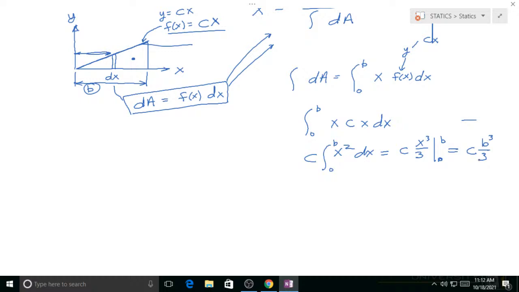Because 0 cubed divided by 3, and anything times 0 is 0. So your lower limit just goes to 0. Okay. But I know the answer. So this has to be the area, and I know the answer has to be base times the height, which is c times base, and that has to be divided by 2, not 3.